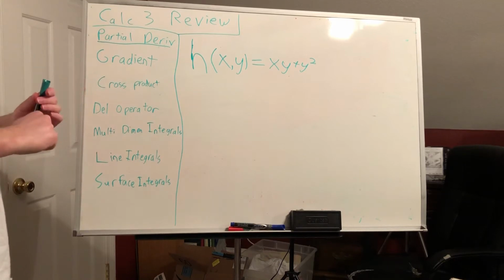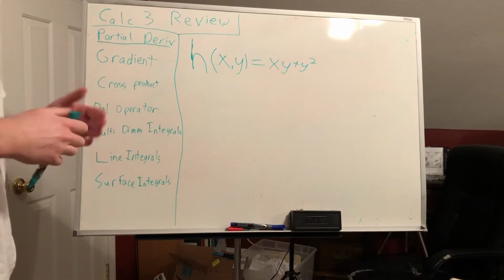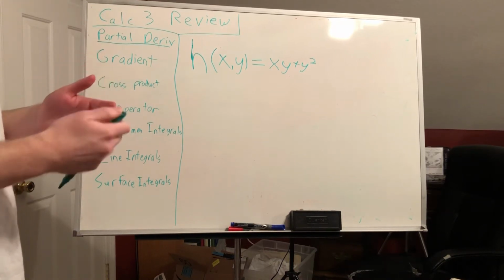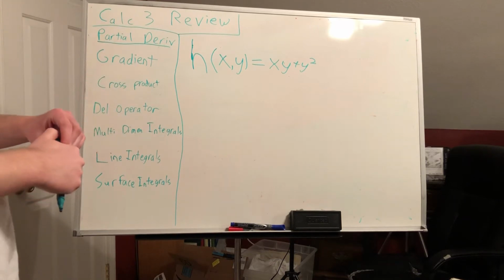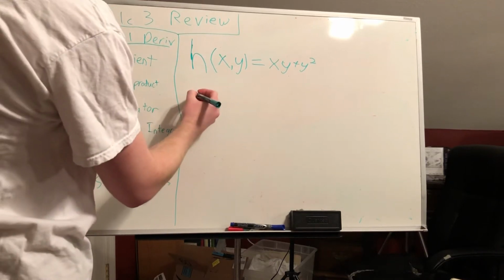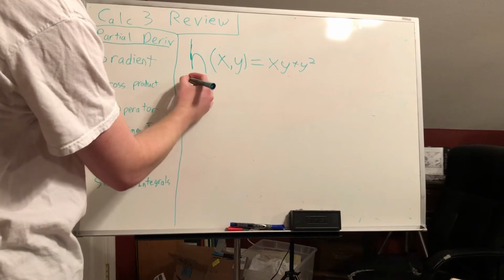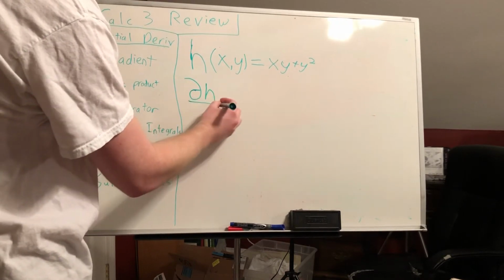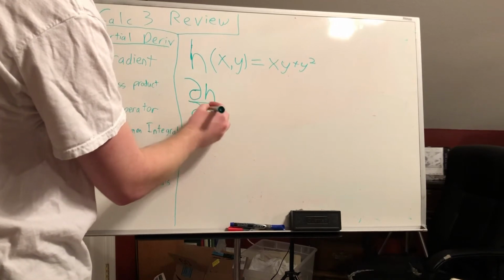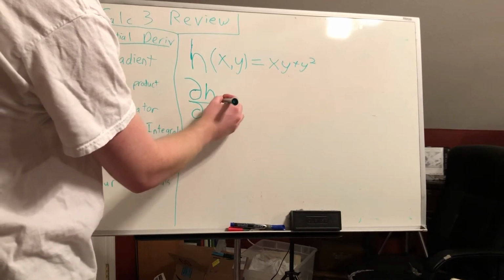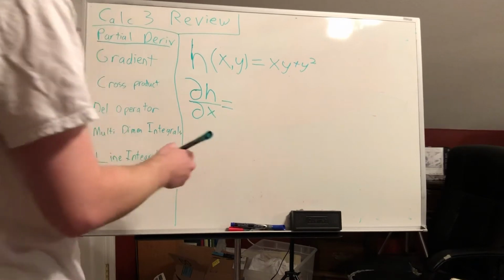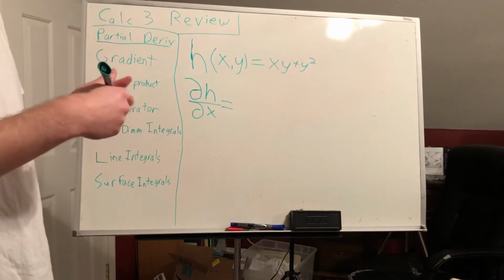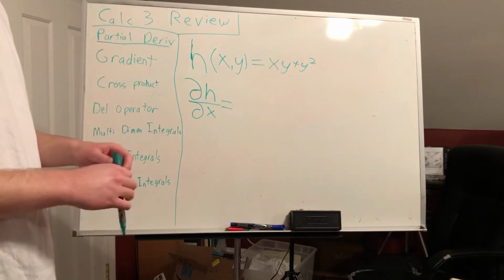And let's say we want to know how the height changes as we move in the x direction. What we would do for that is take what's called a partial derivative of the height with respect to x. So this tells us how it changes as we move in the x direction.